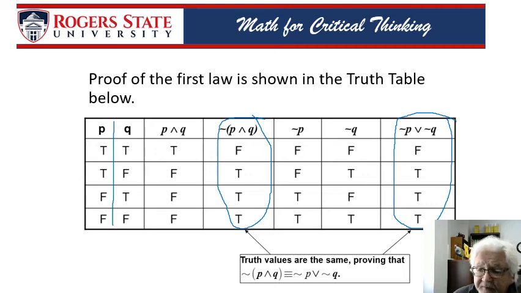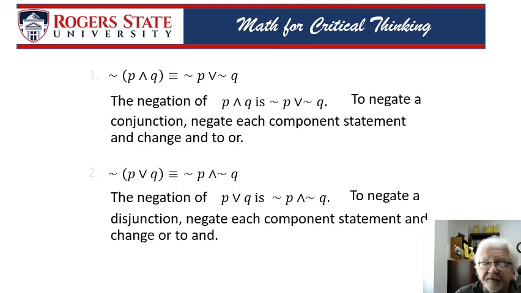If you get the same result in the truth table, that is a legitimate proof that this one and this one are in fact the same thing. So that basically shows us that these two are exactly the same. And this is what DeMorgan spent most of his career building, how to do these kinds of things.